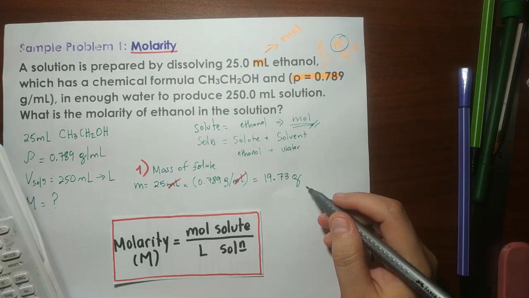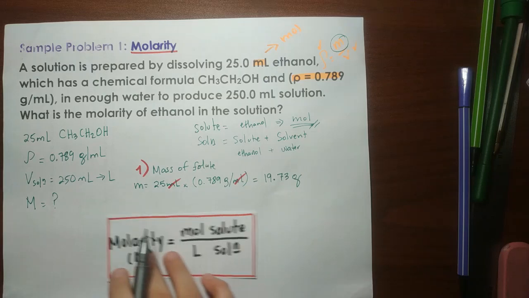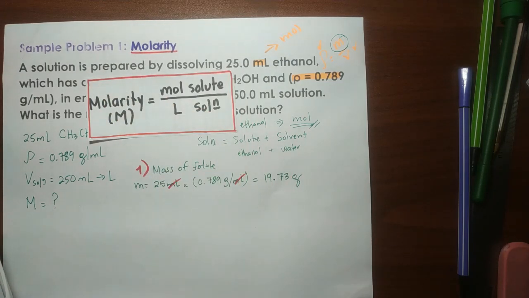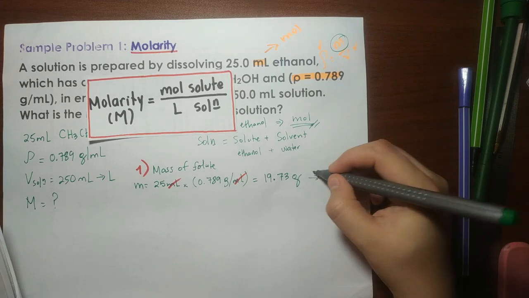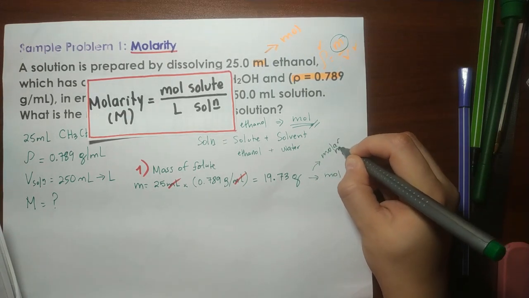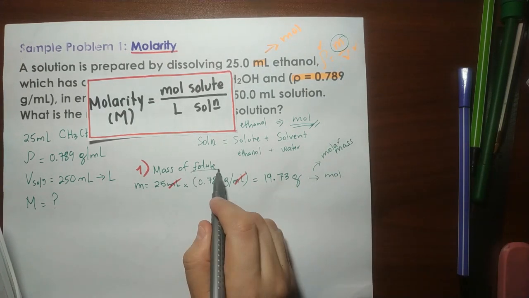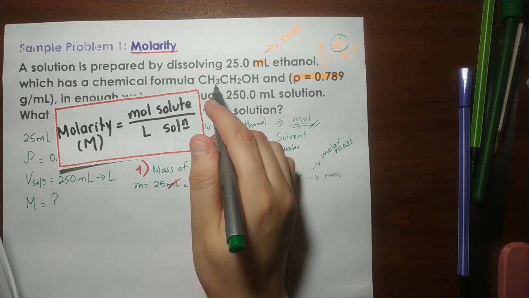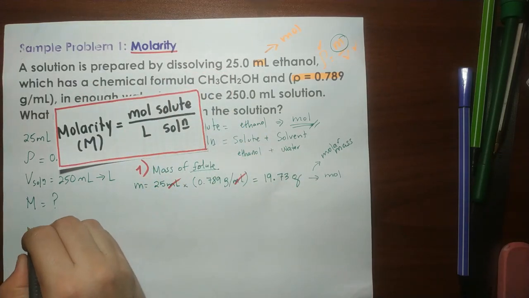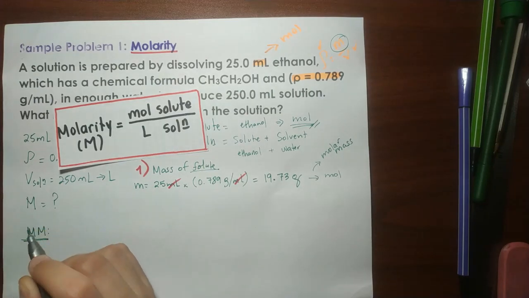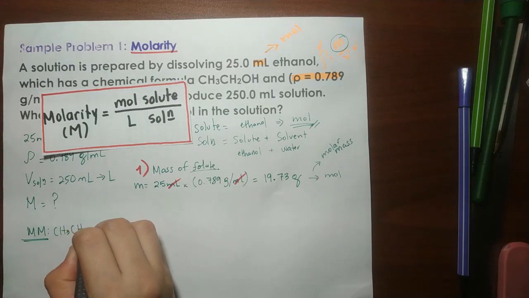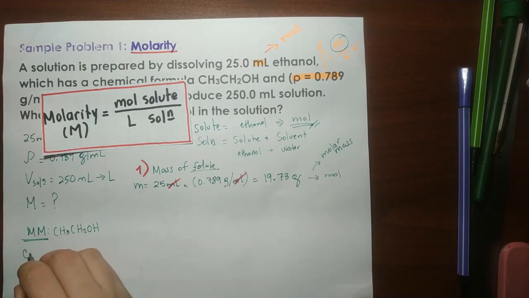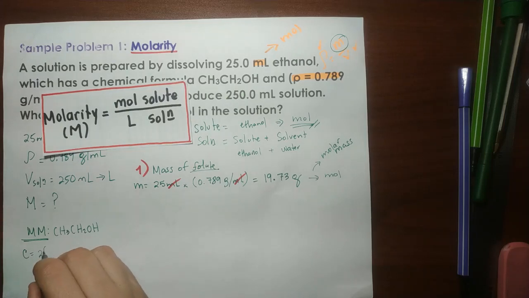Now I have grams. What's gonna happen? I will use the molar mass to get the number of moles, because the thing that relates grams and moles is the molar mass. So molar mass of what? Of the solute. The solute is ethanol, and this is the chemical composition. So for the molar mass, I will do the calculation here. I have CH3CH2OH. So I have carbon, 2 carbons, 2 times 12.